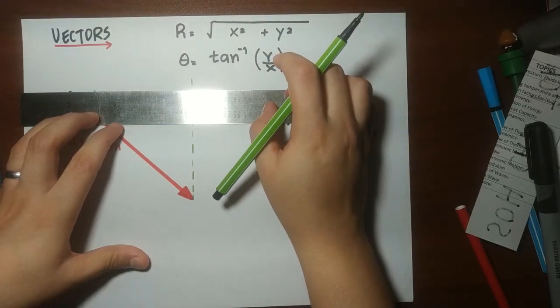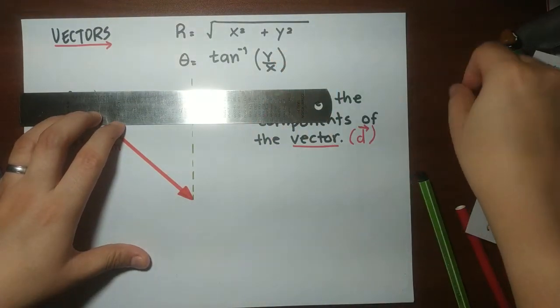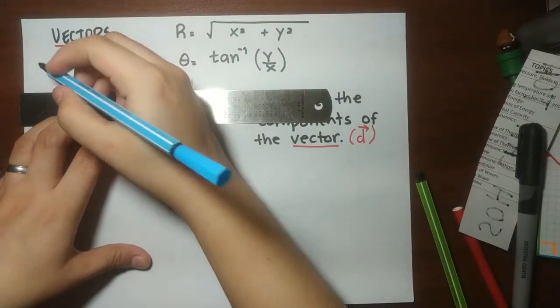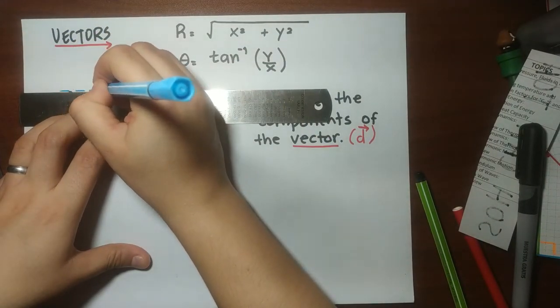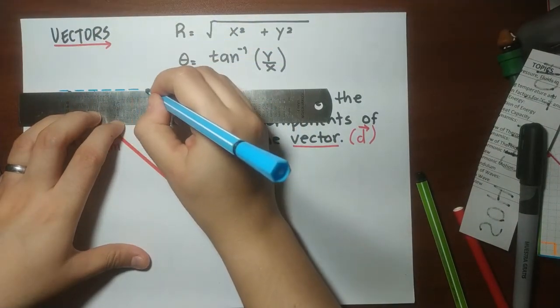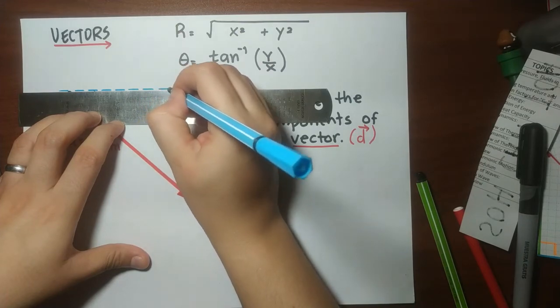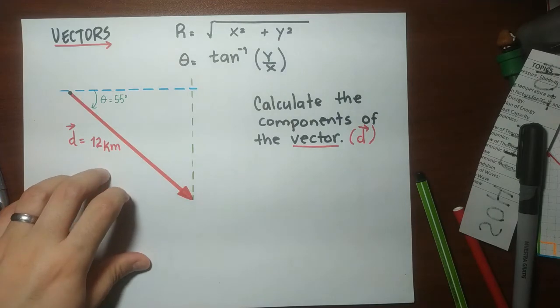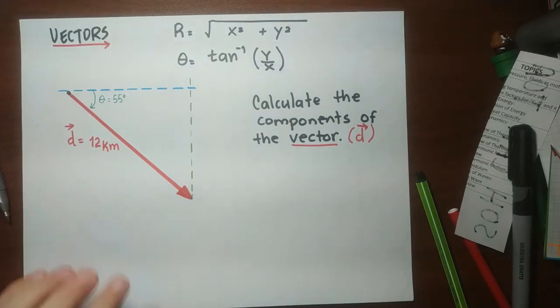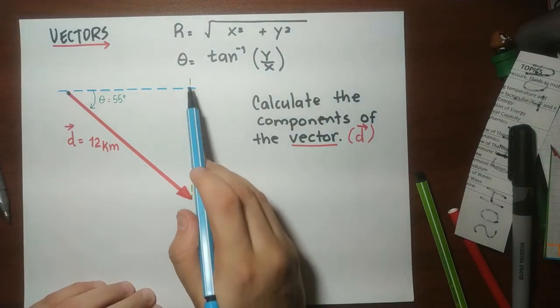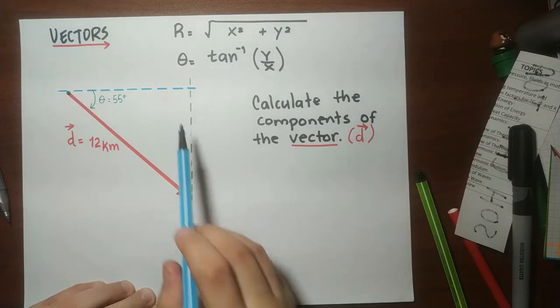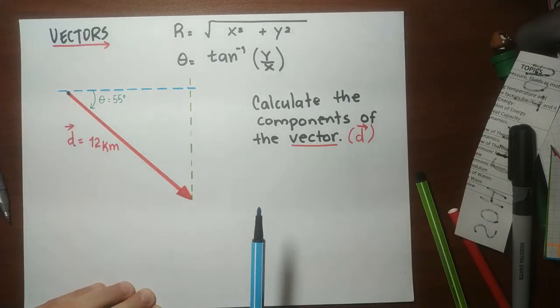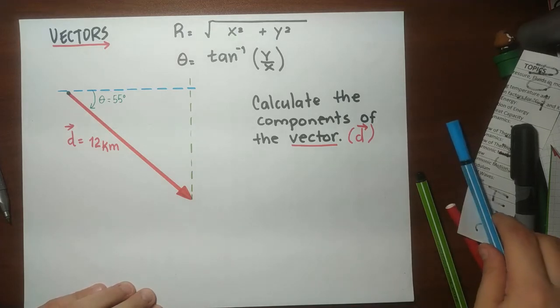And here I will do the other one in a different color just to show you this. Okay, now you can visualize the components of your vector. You have a vertical component and you have a horizontal component. The horizontal, which is in blue, and the vertical, that is in green.